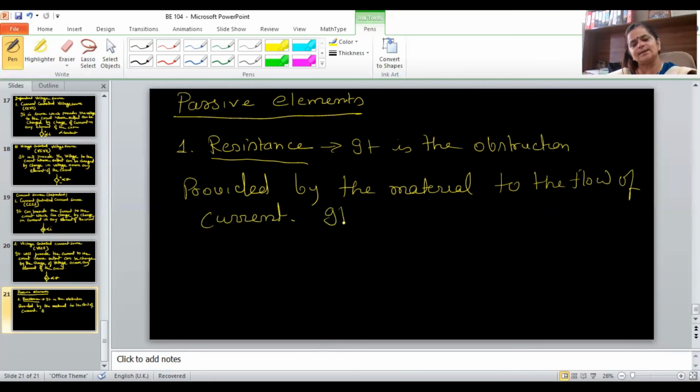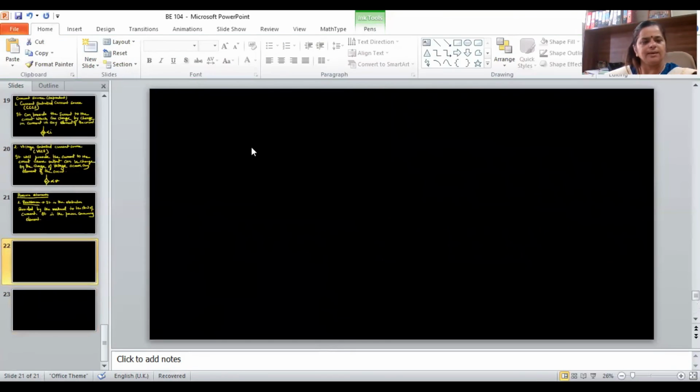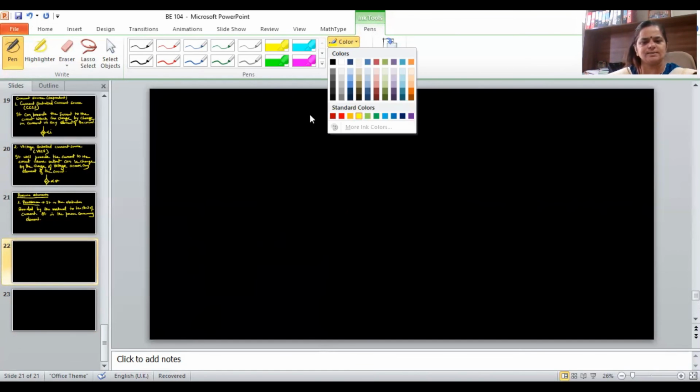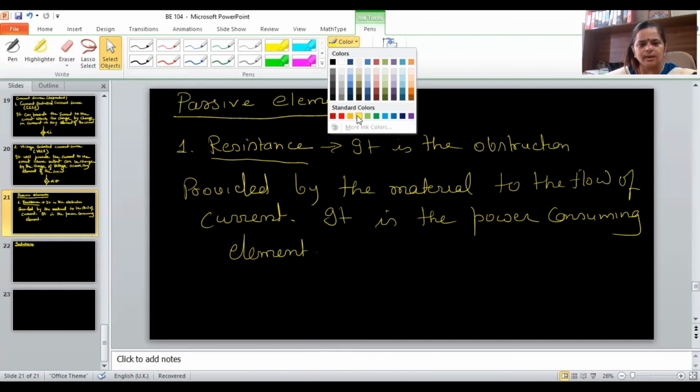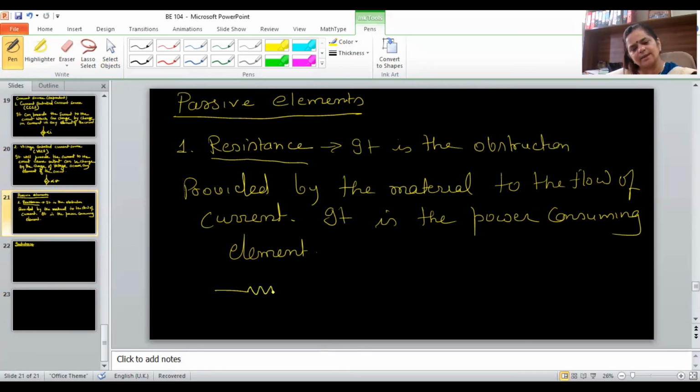It is the power consuming element. Its symbol is like this, R, and the unit is ohms.